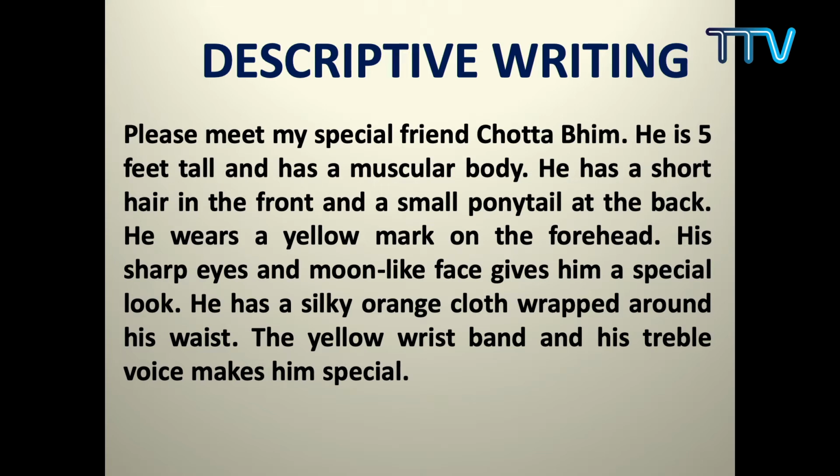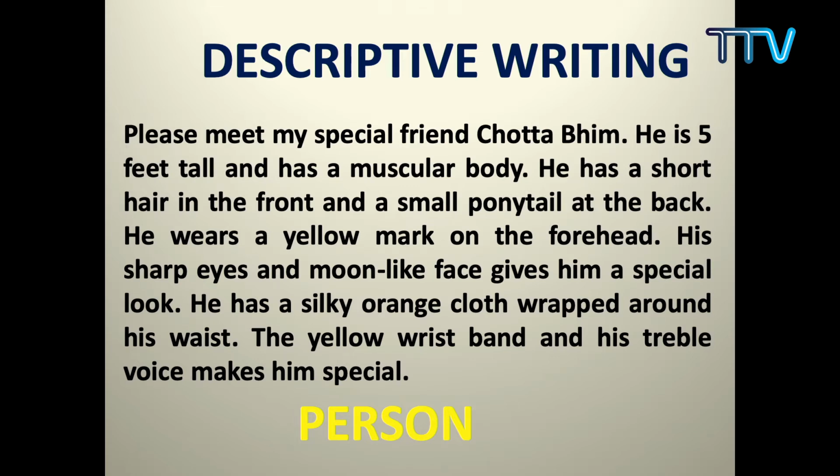Now, you tell me what kind of writing is this? What am I describing here? Is it a place I'm describing? Is it an animal? Is it a memory? Or what is it? It's a person. I'm describing a person. Once again, this is descriptive. I may not be using historical facts here because it's descriptive. What am I supposed to do? I'm supposed to describe Chota Bhim by using all the sense organs.